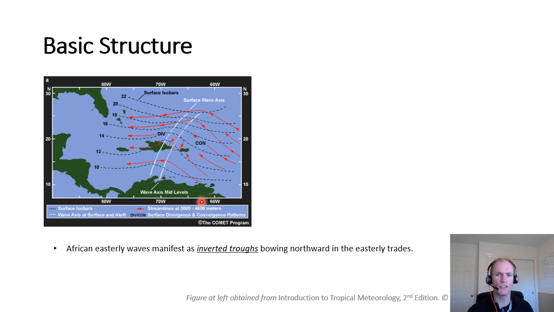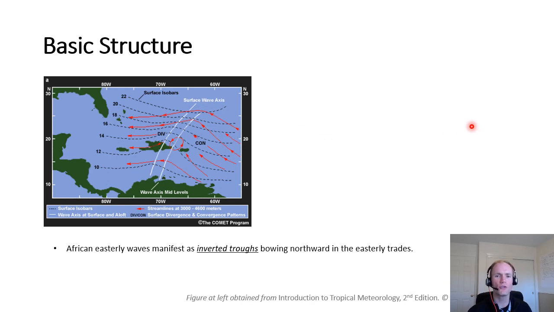And then the red contours that we see here are streamlines between 700 and 600 hectopascals. They have a similar bowing shape with even a cyclonic closed one depicted here, but note how those red contours, the bowing region, is offset slightly to the east of that within the surface isobars. And we have that depicted by this surface wave axis here in white, and then the wave axis at mid-levels further to the east here also in white.